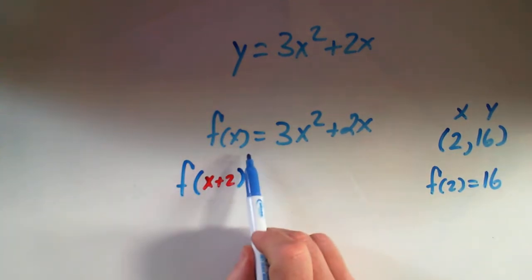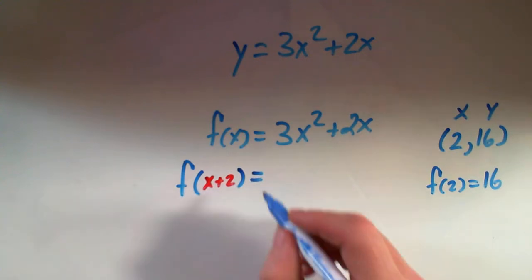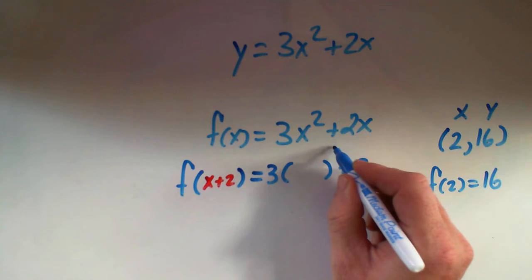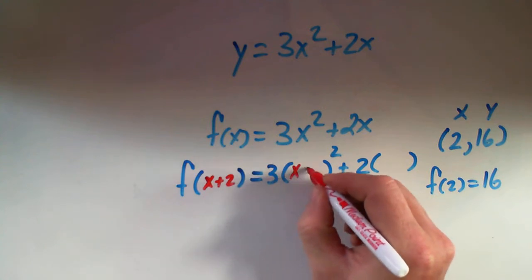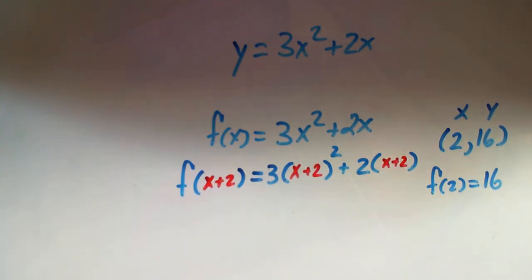Well, I have f of x defined like this, so now everywhere that I have an x, instead of that x, I'm going to put x plus 2. So if f of x equals 3x squared plus 2x, then f of x plus 2 equals this.